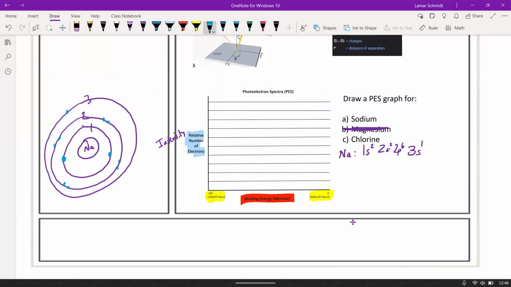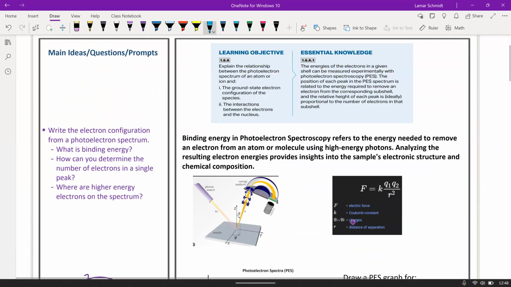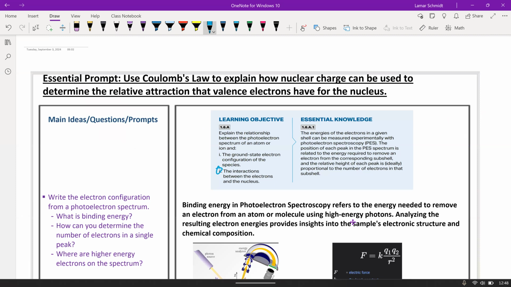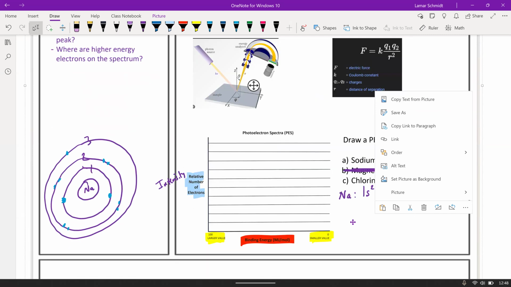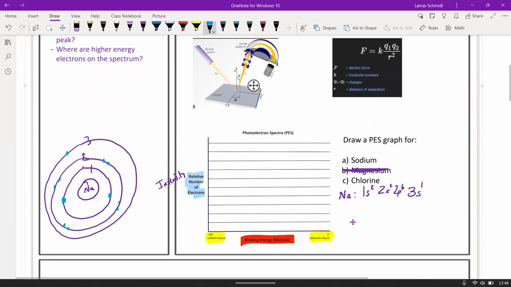And then in the third, there's how many? 1. Now, what I'm about to say is taking us to part 2 of that learning objective, the interactions between the electrons and the nucleus. You see that? And so what we're going to look at is this idea of Coulomb's law, right here. So if we look at energy level 1, we notice that those electrons are closer to the nucleus.